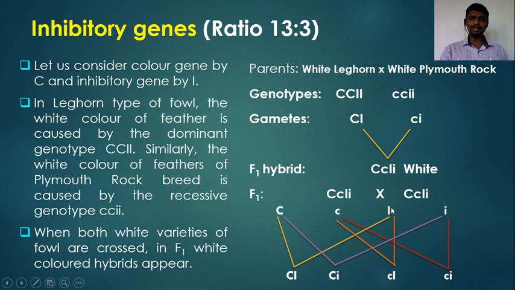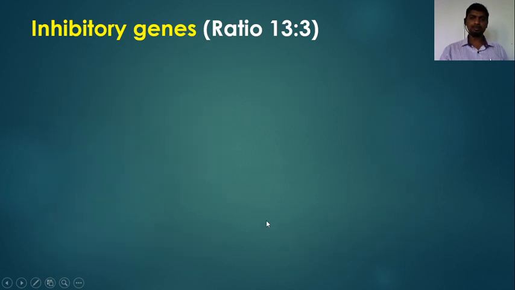We can also make combinations by taking the other two alleles, but we get the same combinations in the gametes. So four types of gametes are produced by combining the two alleles, C and I.